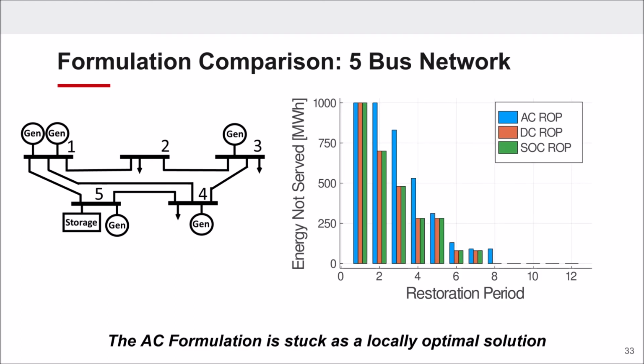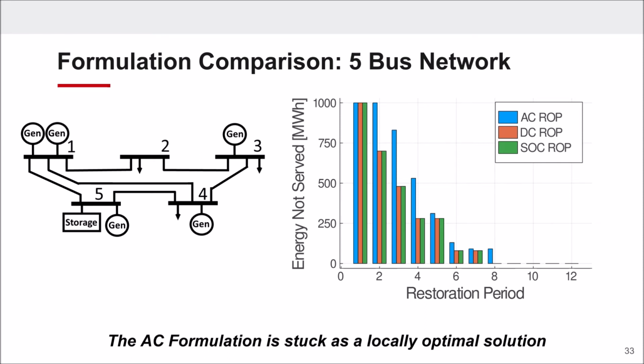When we bring in the AC representation in the blue, what you see is that it has a much higher unserved energy over time. So one first question to ask is, well, were those DC and SOC formulations even AC feasible? And it turns out that when we test those, they were. That restoration sequence was completely AC feasible. The problem here was that the AC formulation was stuck at a locally optimal solution.